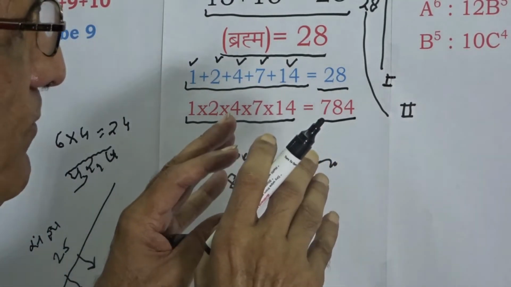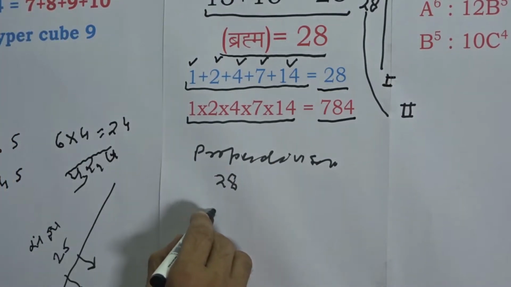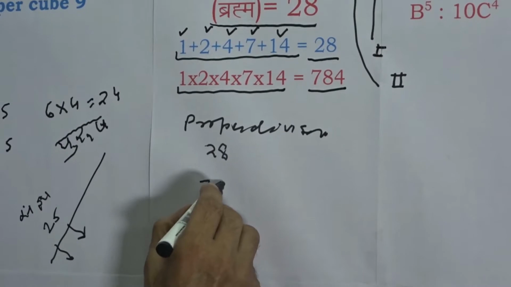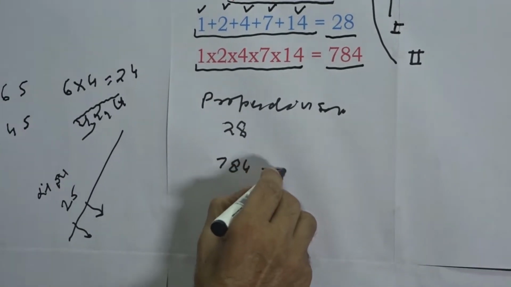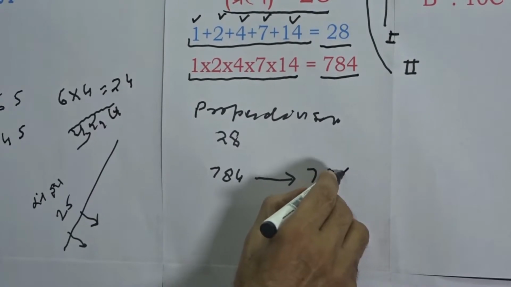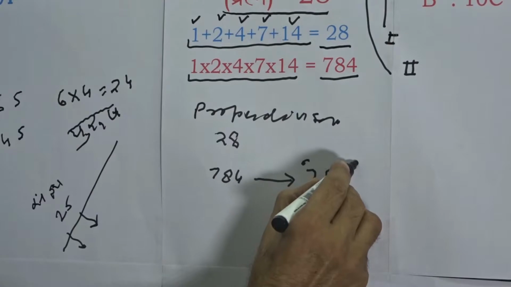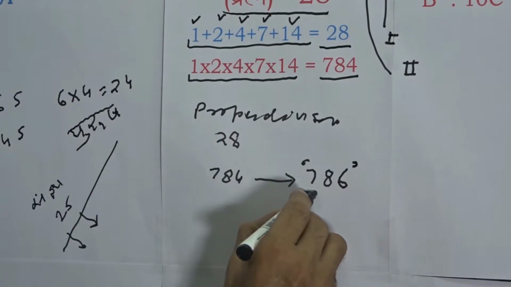A very beautiful state that we are reaching at 784, which as a dimension will be taking us to value 786. Wonderful reach, excellent reach, beautiful enlightenment, brilliant state.